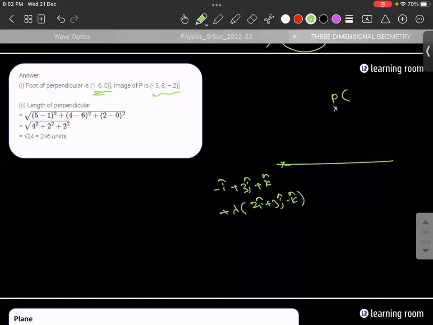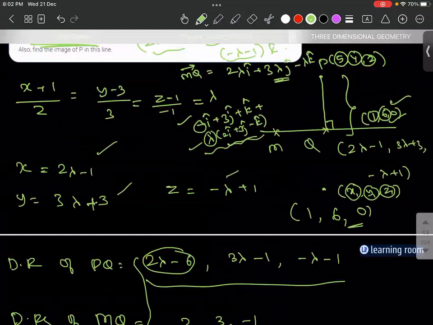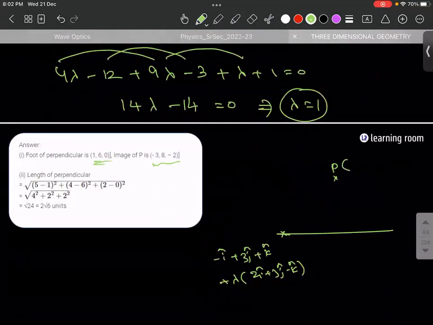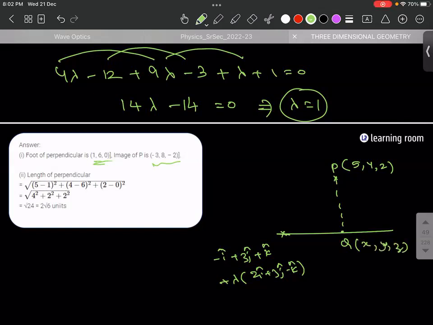So P is going to be 5, 4, 2. From here, if I drop a perpendicular, Q is, what did you want to take Q as? You wanted to take it as x, y, z. No, sir. Q is only minus I cap plus 3J cap plus K cap plus lambda times that, for some value of lambda. Oh, you took Q itself as this whole thing.